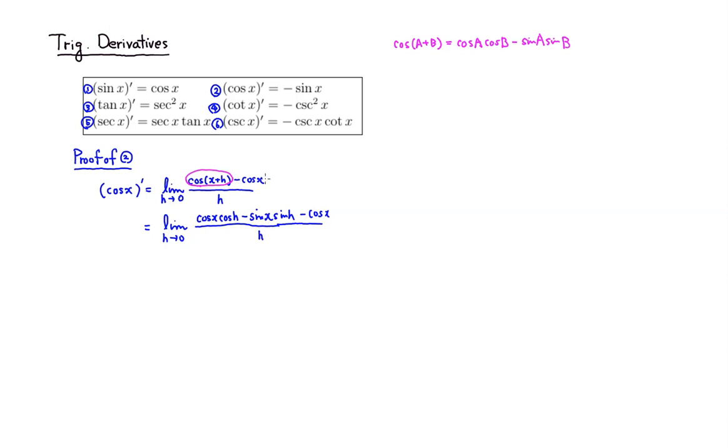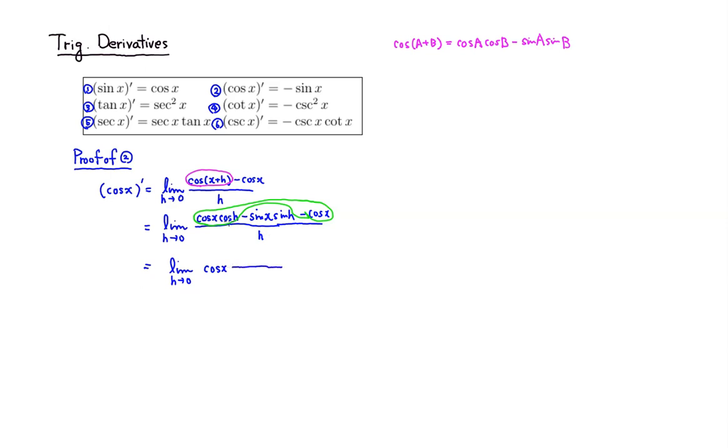Then we're going to split this. I'm going to group these together, since this one and that one have a cosine of x in them. I'll write it this way: the limit as h approaches 0. I'm going to pull out the cosine of x, which is in common.